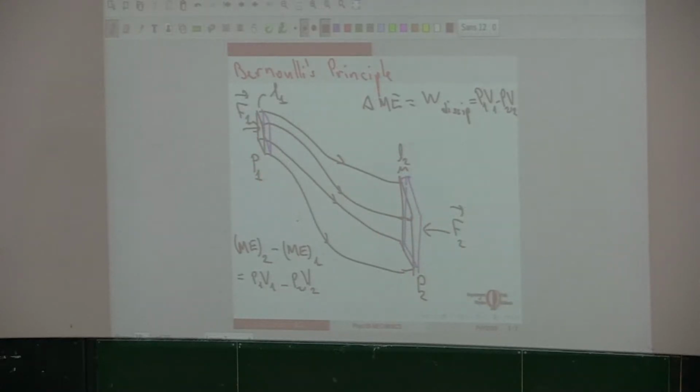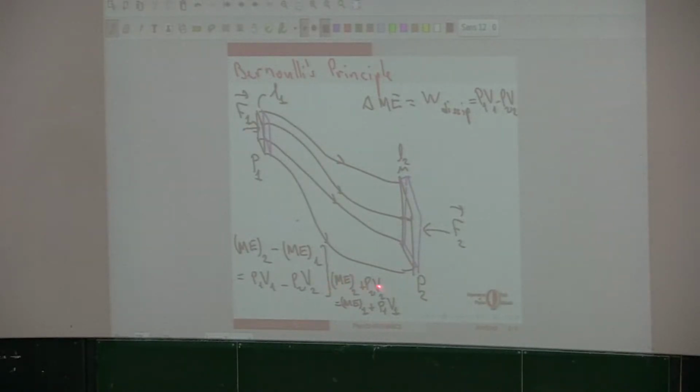This just means that, let us write it in this form, mechanical energy at the point 2 plus P2 V2 should be equal to mechanical energy at the point 1 plus P1 V1. Well, I just moved this P2 V2 to the other side and P1 V1 to this side. I didn't do anything else.